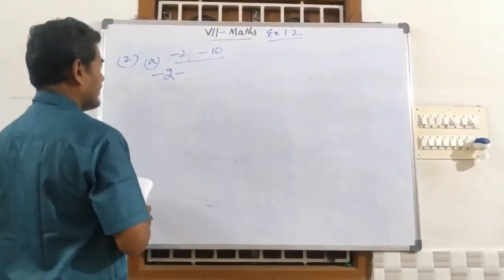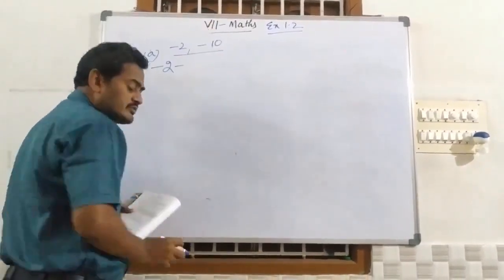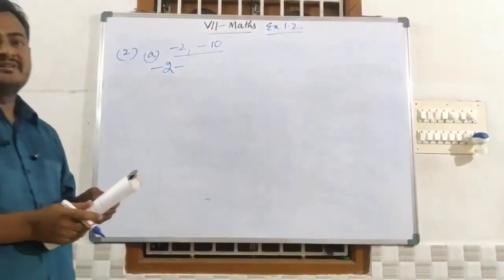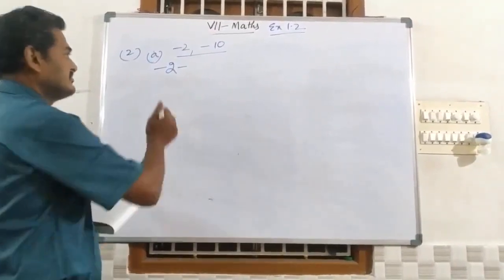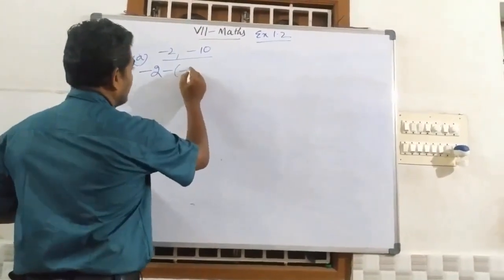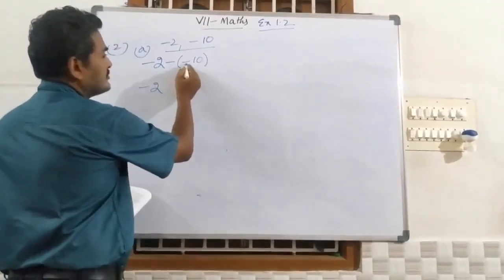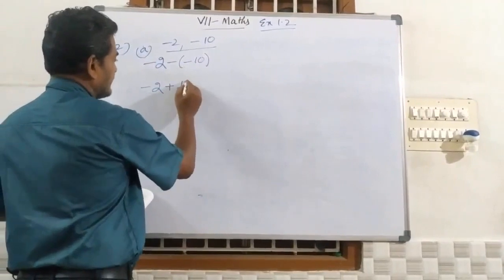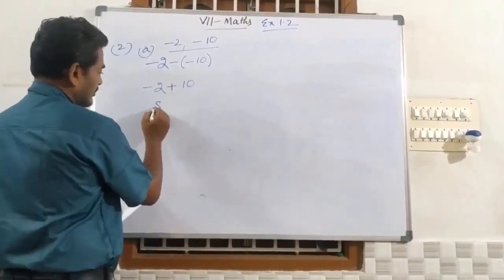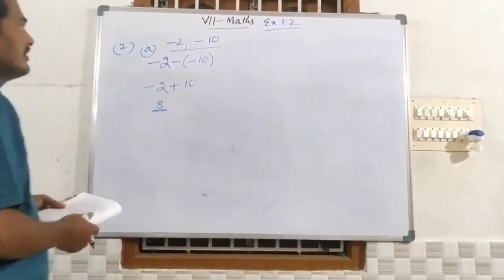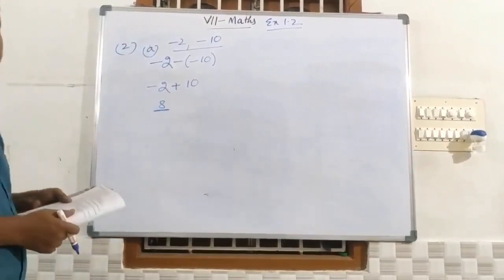Now the difference: minus 10 minus of minus 2, minus into minus becomes plus, 10 minus 2 equals 8. Like this we can write the example.